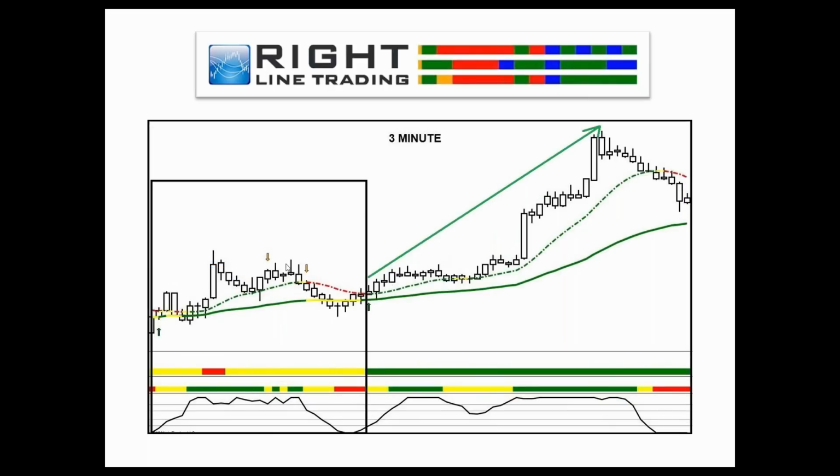Same thing here. Here it's all chop. Your chart Laguerre is pretty much long. Your multi-time frame Laguerre is red for a little bit and then yellow. And price has got no direction.